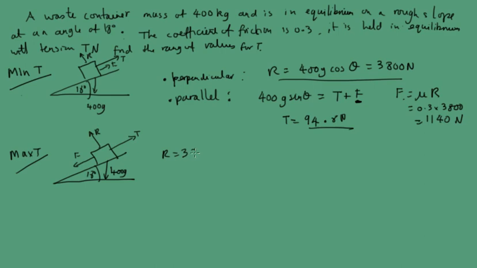So again, R is going to be the same as this. R is still 3,800 newtons, but this time for the parallel component we're going to have 400g sine theta plus F equal to T. Now F is going to be the same because R has not changed, the coefficient hasn't changed, so that will mean T is going to be equal to 2,380 newtons.